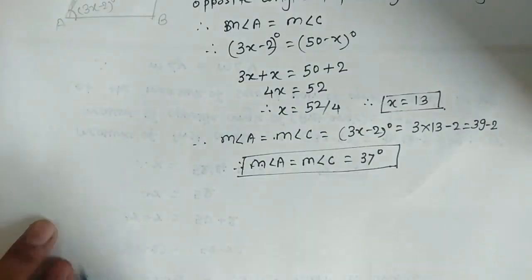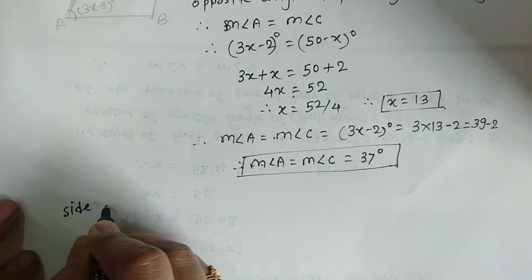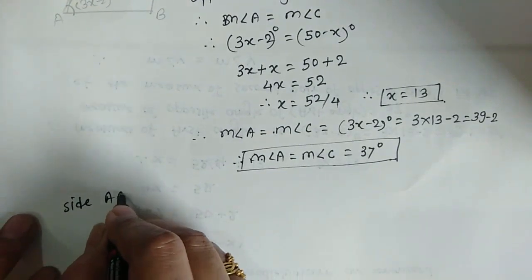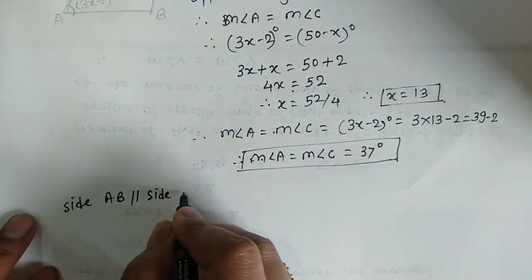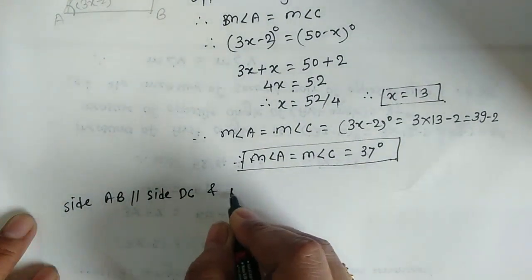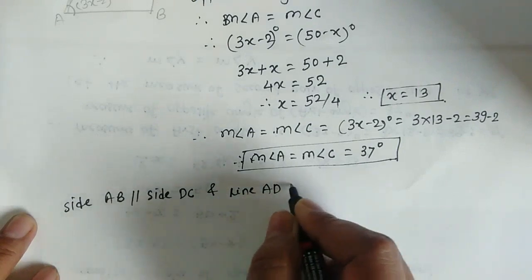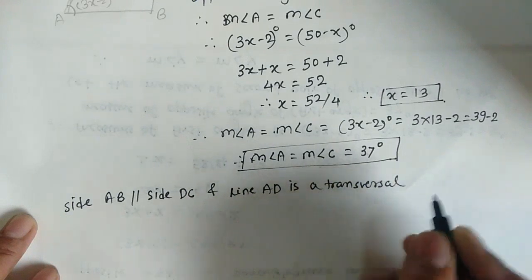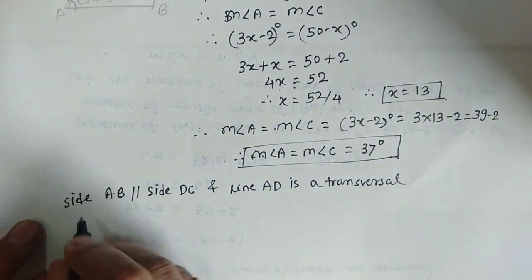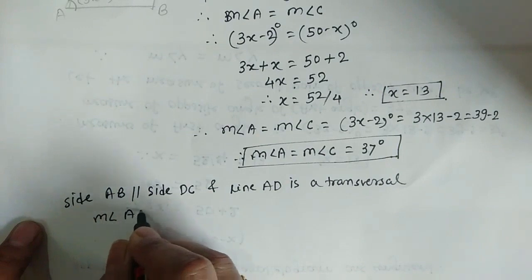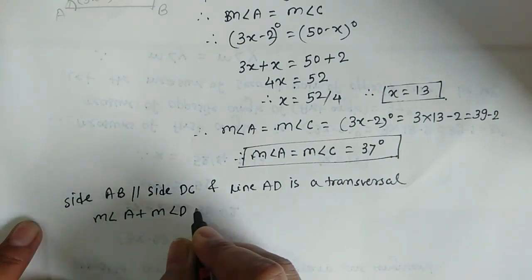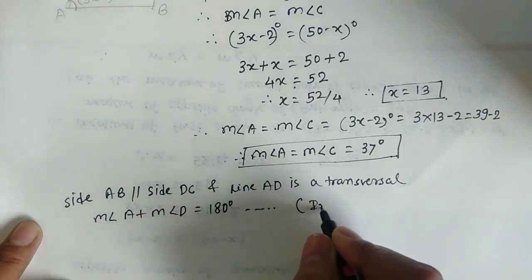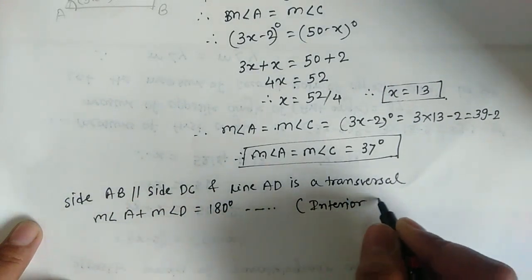So write down here, side AB is parallel to side DC and line AD is a transversal. Therefore, measurement of angle A plus measurement of angle D is equal to 180 degree. Interior angles.